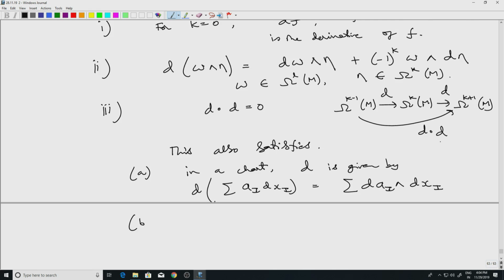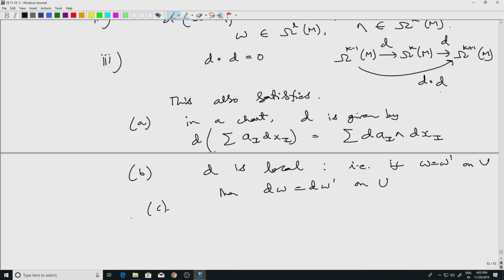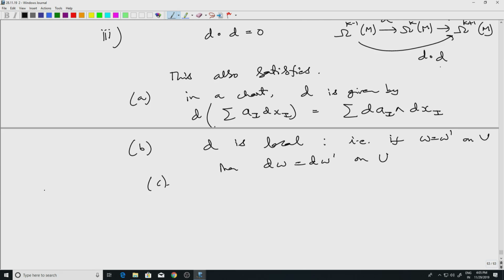Then d is local, i.e. if omega equals omega prime on U, then d omega equals d omega prime on U. So it does not matter what omega and omega prime are outside U. If they happen to coincide on an open set, the d will also be the same.